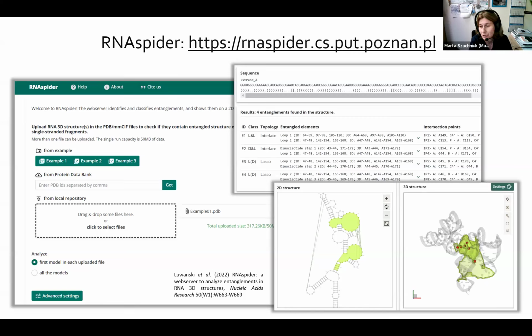The tool will show you in a 2D and 3D view whether there are any entanglements, and if the tool detects any, it will show you also what types of entanglements it found and where they are.